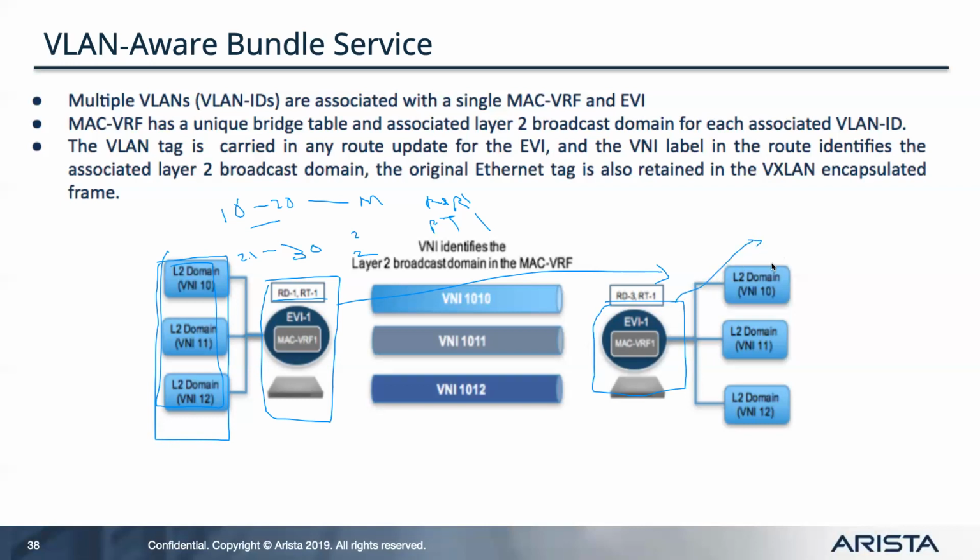So to solve that problem, what they have done differently from the previous one is they kept a different VNI for each VLAN, which was the same in the previous one. So VLAN 10, VNI is 1010, VLAN 11, VNI is 1011, VLAN 12, VNI is 1012, right?